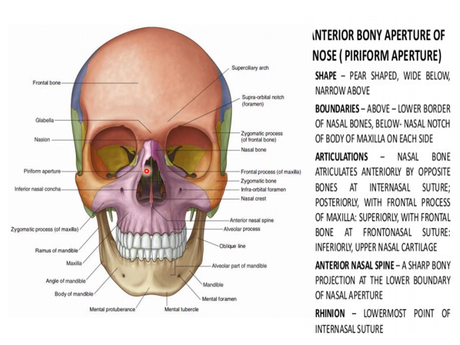Coming to the articulations, the nasal bones articulate anteriorly with the opposite bone at the internasal suture. So one nasal bone articulates with the other at the internasal suture. Posteriorly, the nasal bone articulates with the frontal process of the maxilla.